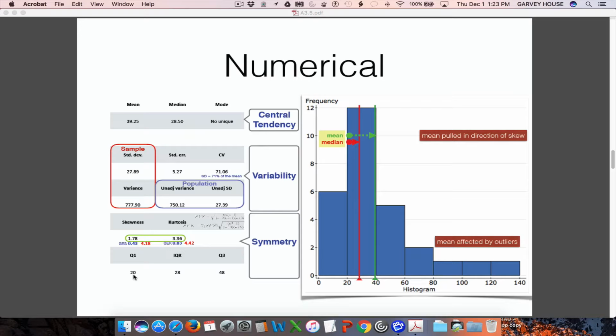A better way is to compute the standard error of skewness and the standard error of kurtosis, and then take the ratio, the skewness statistic divided by its standard error and the kurtosis statistic divided by its standard error. And you'll see in the PDF, it doesn't come across very clearly here, but I have those formulas for the standard errors of skewness and kurtosis.